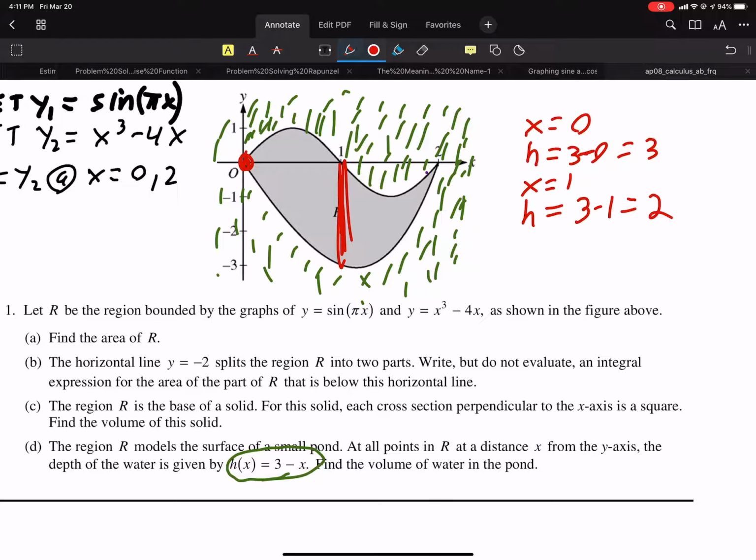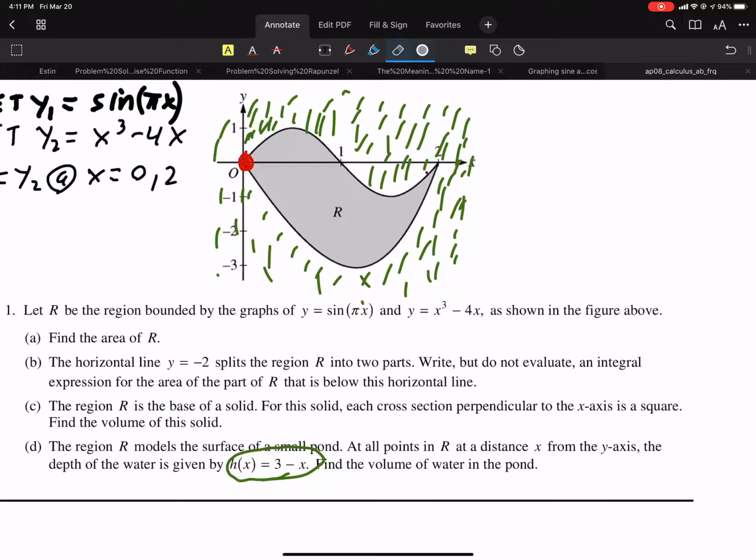So how do we find the volume? So kind of the same situation. If we choose any slice, they're going to have different depths. So let me erase this. Which color? The water's blue, so I'm going to pick blue. So if you pick this slice, which is X is 1, the depth is going to be 2.